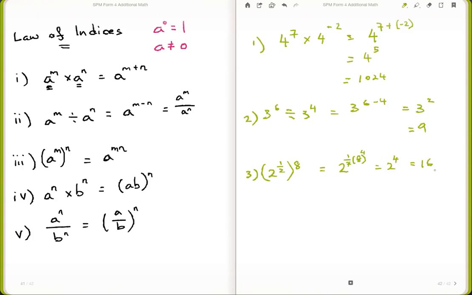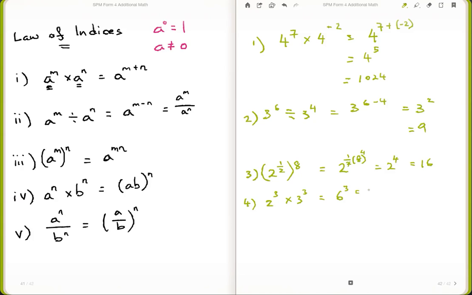And an example for different base numbers. Say you have 2 power 3 times 3 power 3. What happens is the answer will be straight away 3 times 2, 6 power 3.